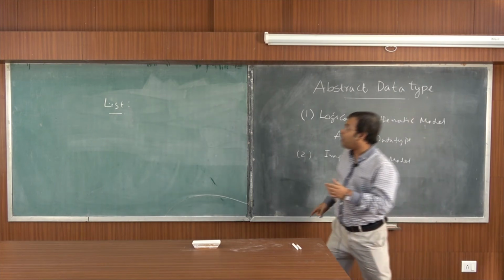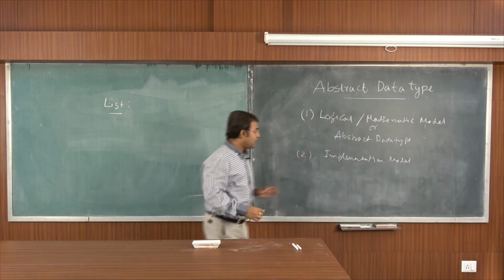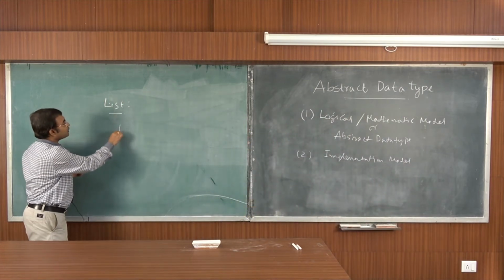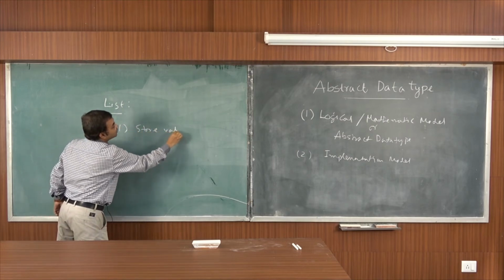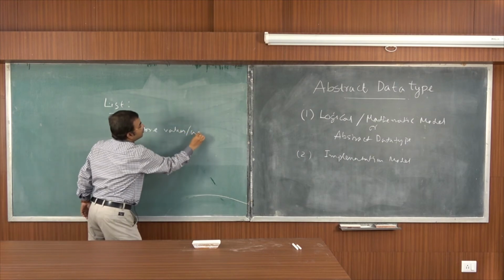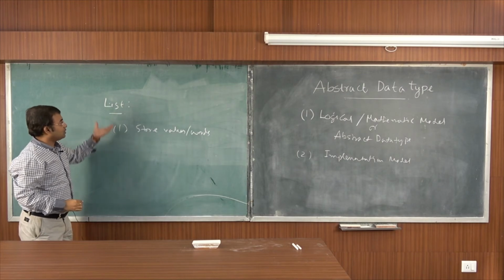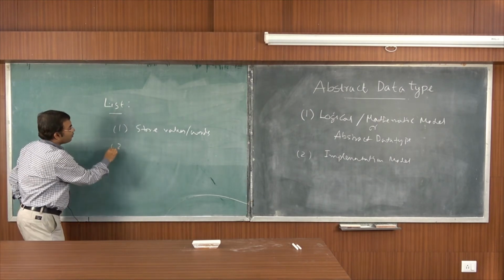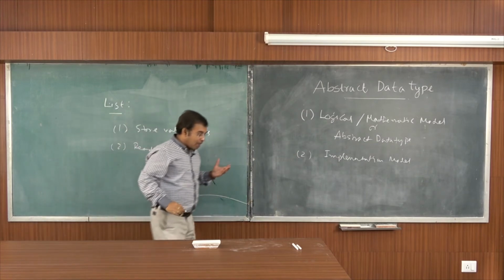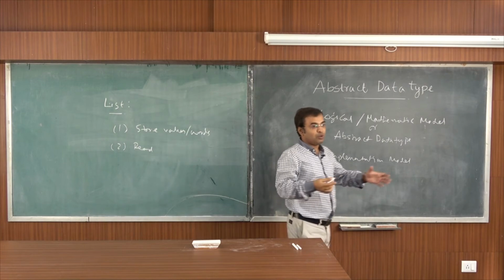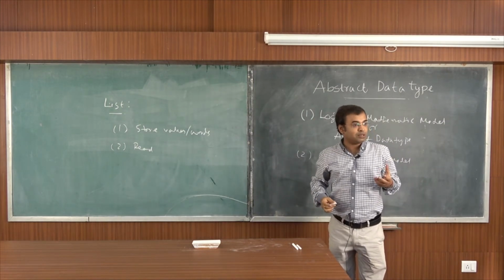Now if I define the list as an abstract data type, the first thing we can do is store values, or words, in the list. Then you can read from it: if you store some values, a list of words, a list of integers, whatever, you can also read from that list.